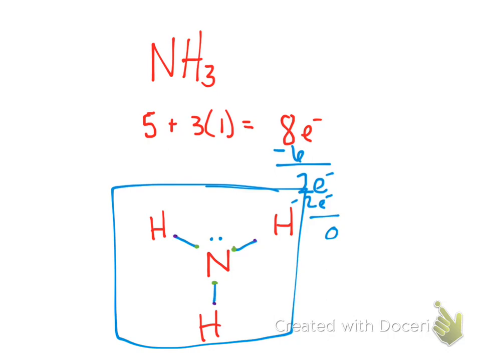The purple electrons are from each hydrogen. The green electrons are from nitrogen. Nitrogen gave 5 to the equation, so nitrogen's 5 electrons are 1, 2, 3, 4, 5. Does that kind of make sense a little bit?